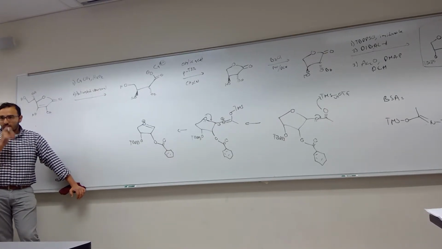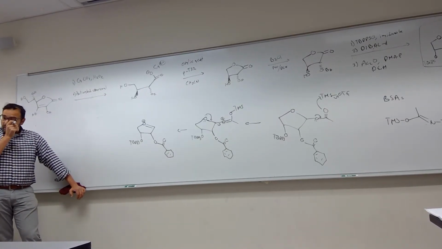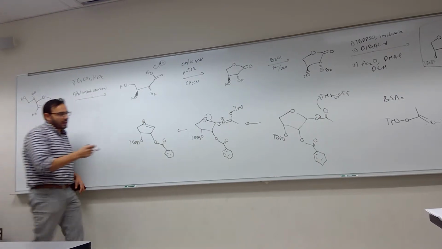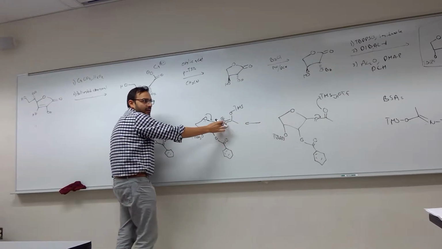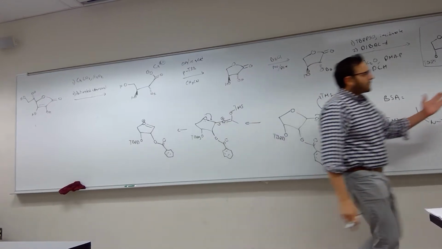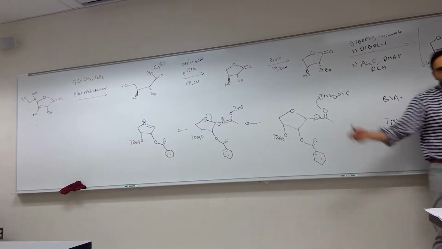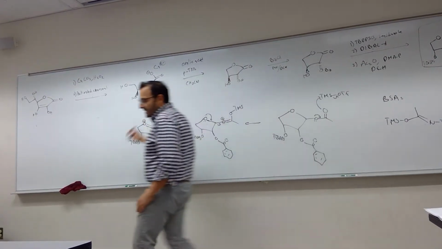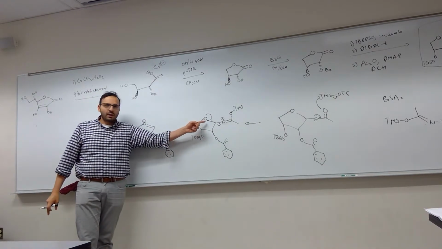Then you get your cation in this particular case. So this is where you kick out your OTMS, the TMS acetate. TMS acetate, that was the key. You kick it out, assisted again by this oxygen, by the O4.